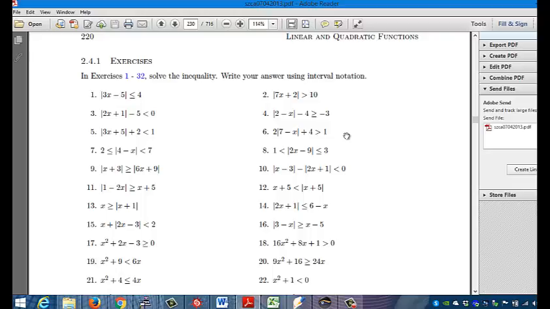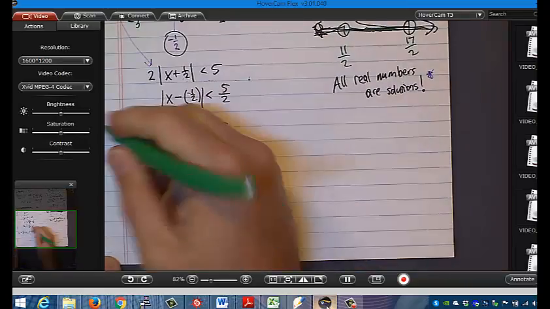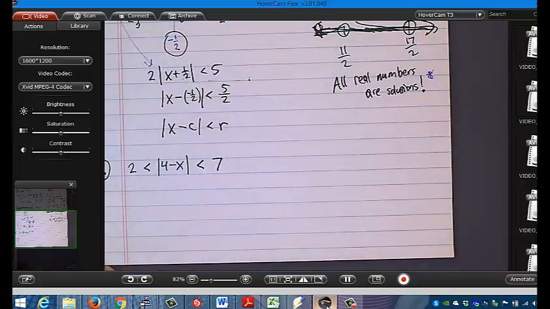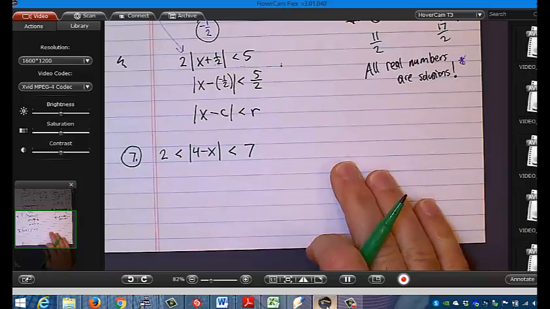I should probably do one like number 7 as an example. Let's do that. So we have 2 is less than or equal to the absolute value of 4 minus x, and that's less than 7. So number 7 is this, okay? Yeah, question?